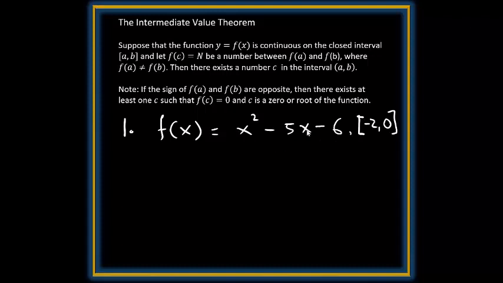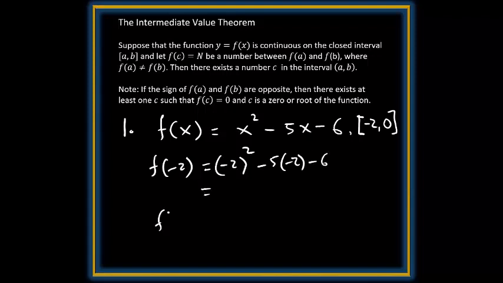So we'll check now the note if we can find a zero in the interval -2 to 0. To do that, we need to figure out what is f(-2). So f(-2) will be, you just replace your x by -2, and don't forget the parentheses. Simplify this one and then simplify f(0).